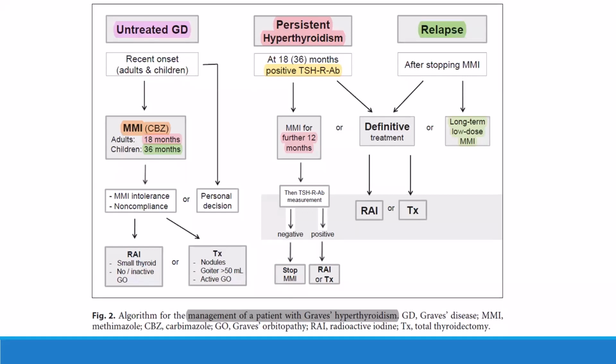Methimazole or carbimazole is the only antithyroid medication approved in most cases. The duration of carbimazole for adults is 18 months and for children 36 months. So this duration is very important.